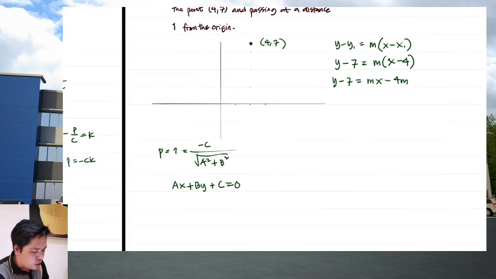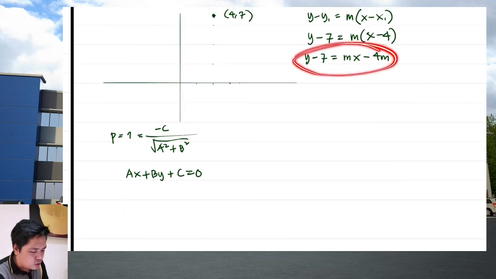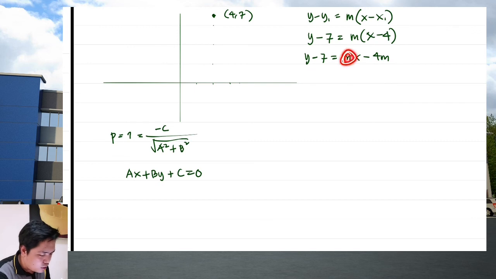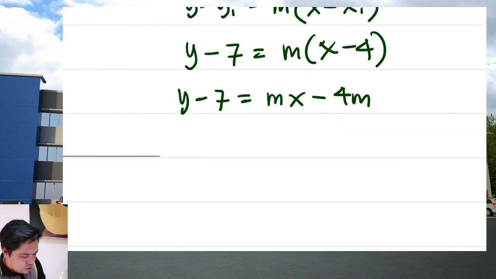So if we rearrange this in general form, then we could get the corresponding values for the coefficients a, b, and c. So only one unknown is left, which is m. Let me illustrate that. If I rearrange this, that would be mx minus y.